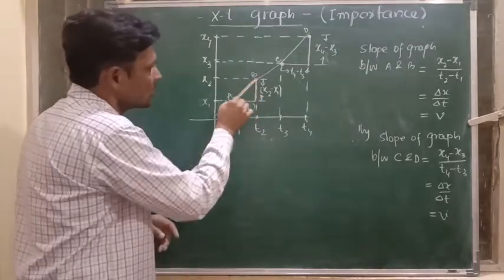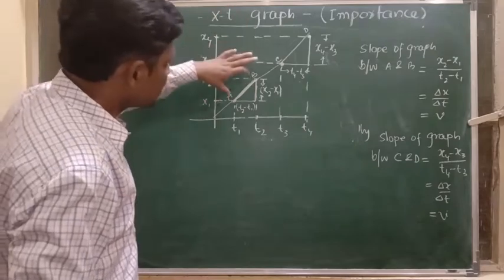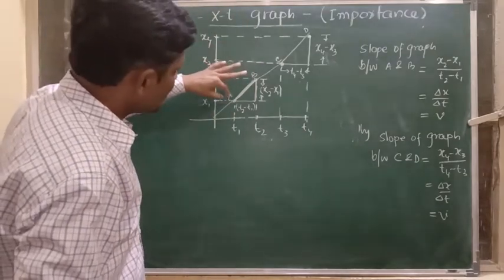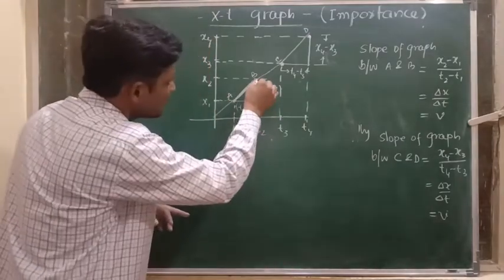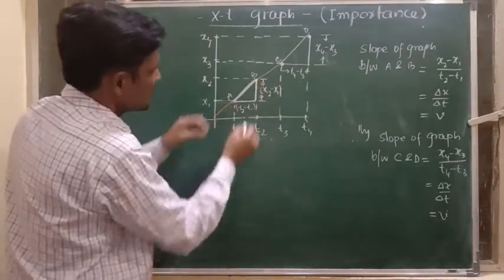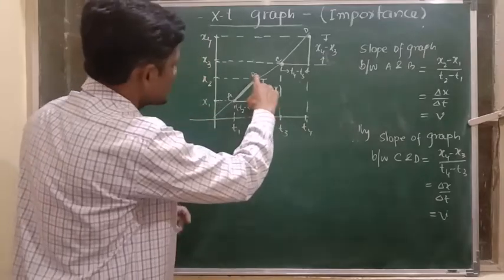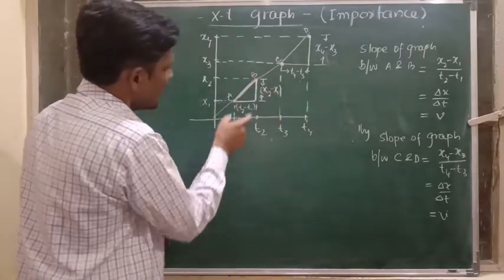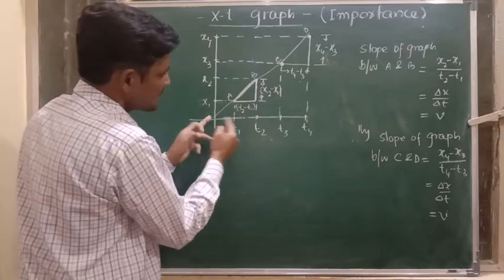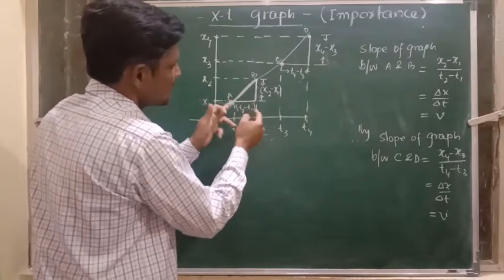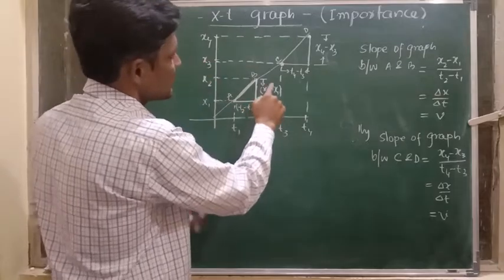So what is the slope? To find the slope of the graph between a and b, we have to take this divided by this. So what will be this much? x2 minus x1, and this one is t2 minus t1. Actually that length is t2 minus t1, and this length is x2 minus x1.